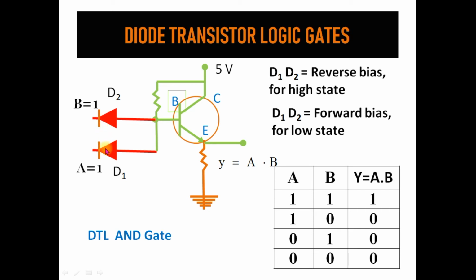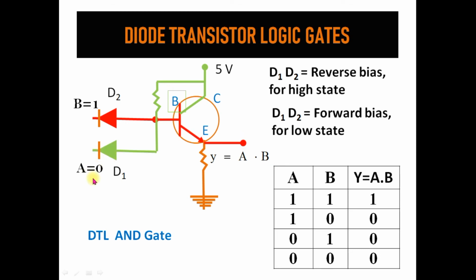When these two diodes are in reverse bias, they won't conduct. Then this makes the complete path for the flow of current through the base. Then the current or voltage comes in this way and reaches E. We get the output as 1, or high state.